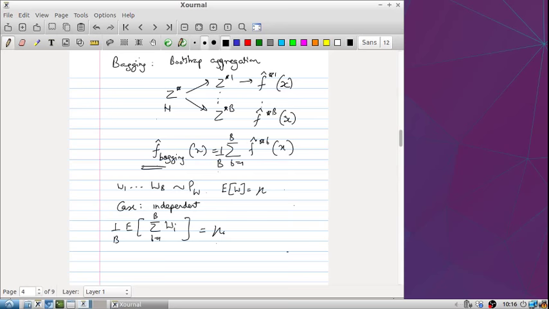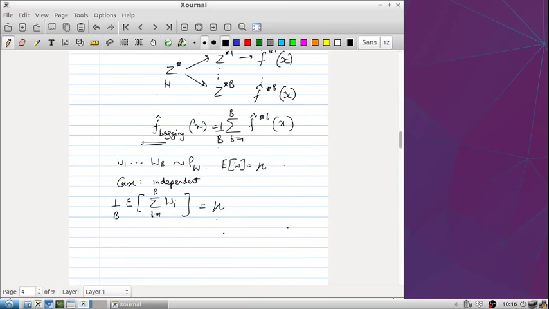You should verify that this is mu. That just follows from something called linearity of expectation. So expectation of a sum of random variables is the sum of the expectation of these random variables, and each random variable has the same expectation, which is mu. So the numerator is b times mu, and the denominator is b, so you get mu.